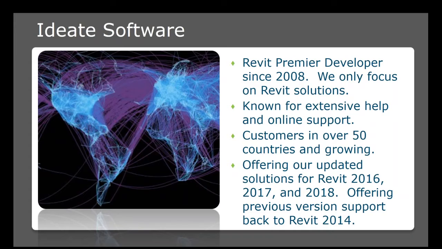And one thing that's unique about us is when we introduce a new feature, or let's say a new enhancement, to one of our solutions, we're updating the last 3 releases of Revit. So right now we are offering the solutions that you're going to see today on Revit 2016, 2017, and 2018. And so they're going to be pretty much identical.